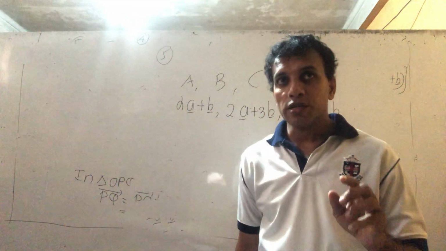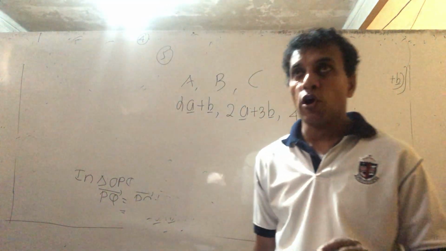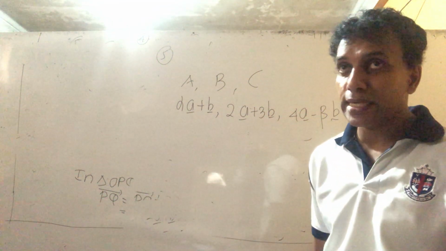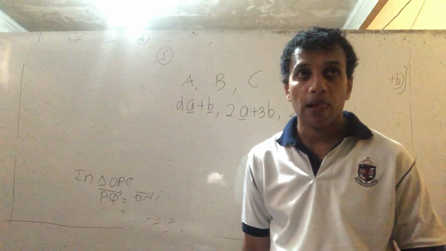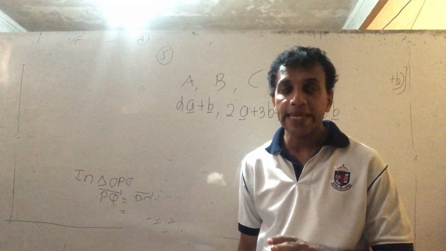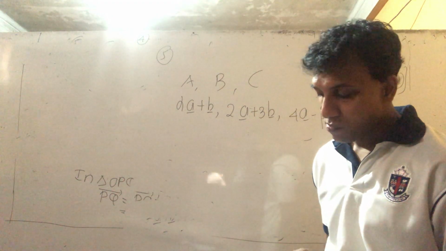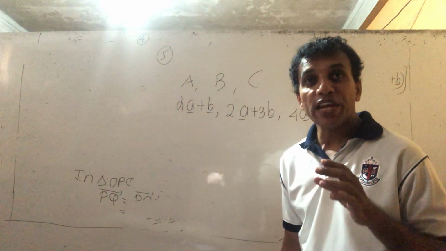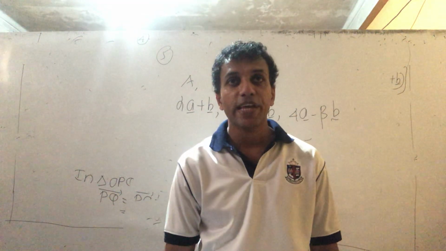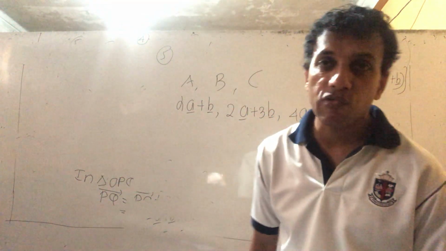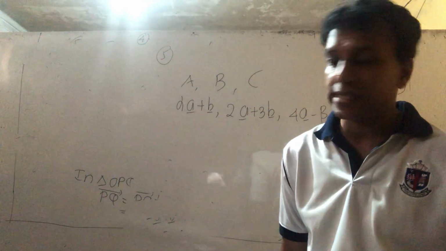Write this question. If the points A, B and C are collinear, find the relation between alpha and beta.